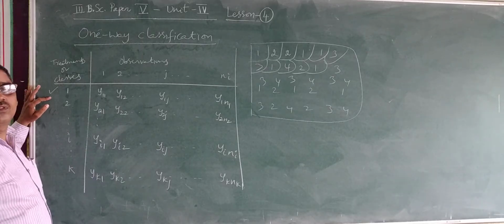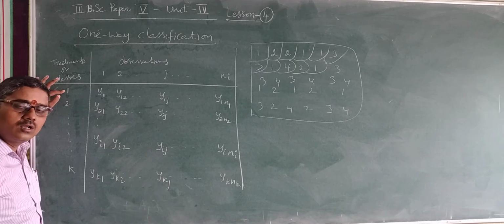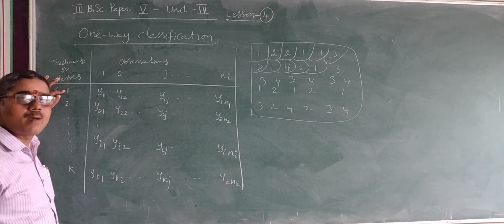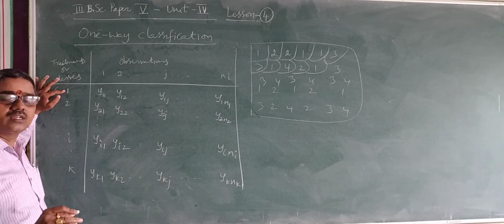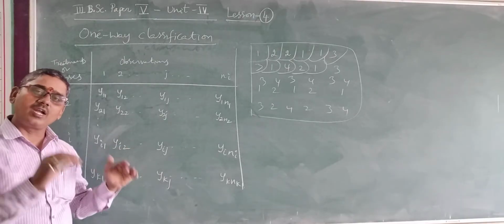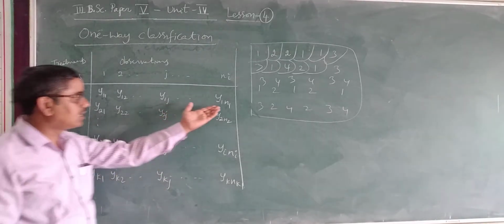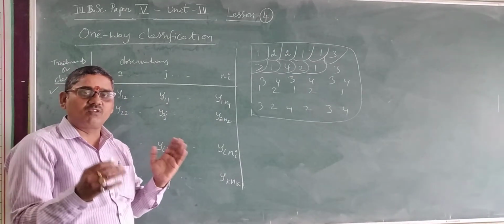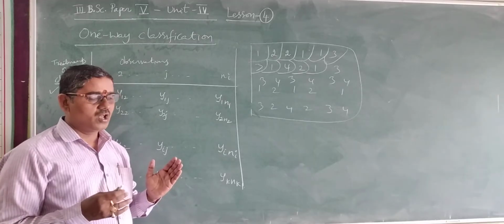This is regarding treatment number 1, which is applied on various experimental units. After applying treatment number 1 on n1 experimental units, the size of the first class is n1.